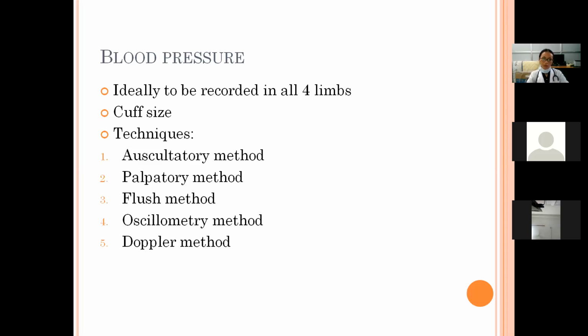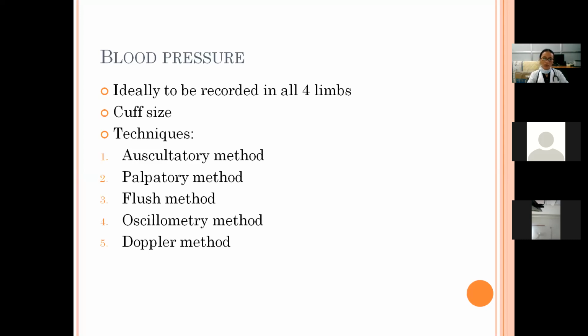Again, for the palpatory method, you use a sphygmomanometer, inflate the cuff till about 20 to 30 millimeter mercury above the normal systolic blood pressure of the child, and then you start releasing the cuff pressure, palpate the radial artery, and see when the pulse starts to reappear. That is the palpatory method of taking the blood pressure.